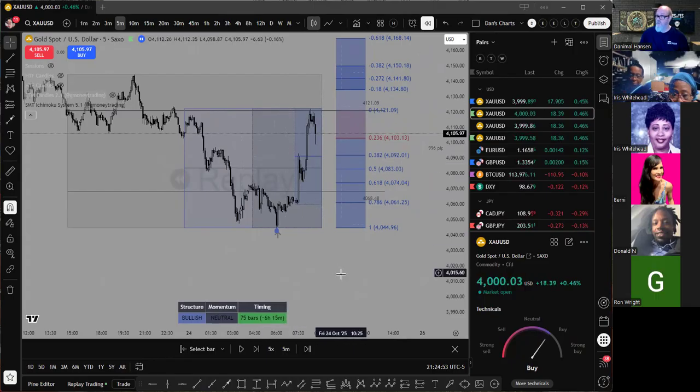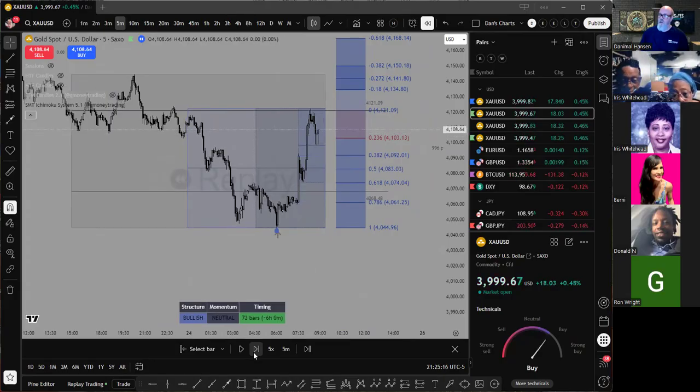We'll test it one more time because the structure is showing bullish, and because the momentum is neutral, it can go either way. It's now literally a coin toss. But my coin toss is I'm looking for price to continue going higher. The more that 23% holds, the more confident I am that we're going to continue going higher.